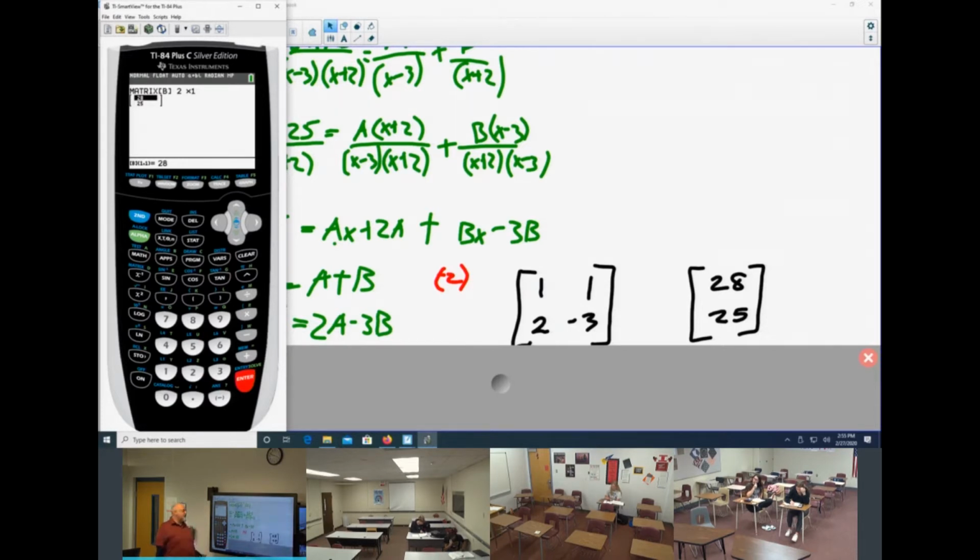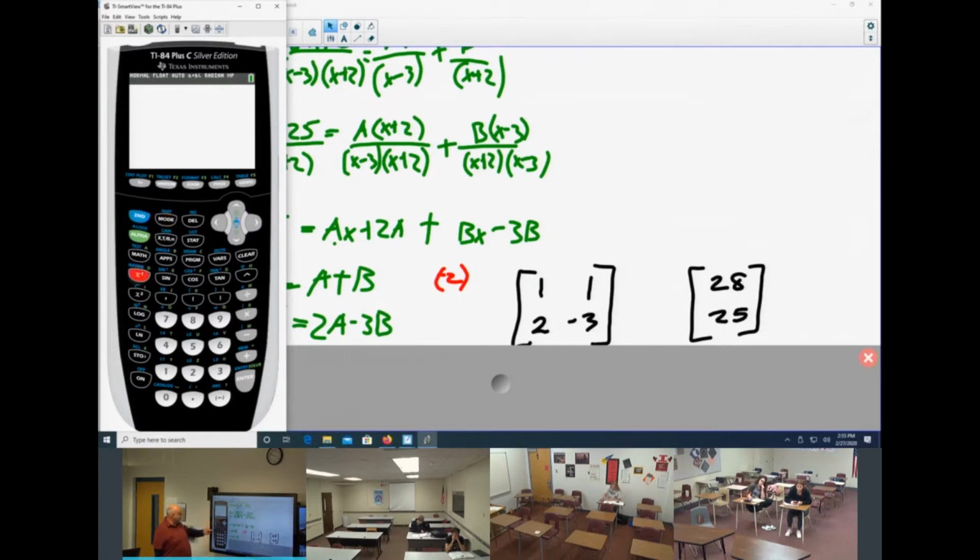And so now to get it to solve it, I type A inverse B. So quit. So to get the matrix to come up, you get that from the names. So it's still in the matrix menu.